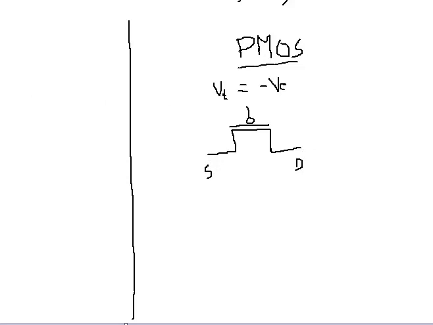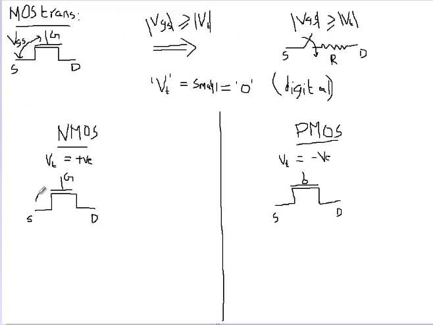For an NMOS, this is your VGS again. Let me write it again over here, VGS. Whenever VGS, or positive VGS, is greater than VT, your NMOS will conduct. It will become a closed switch.